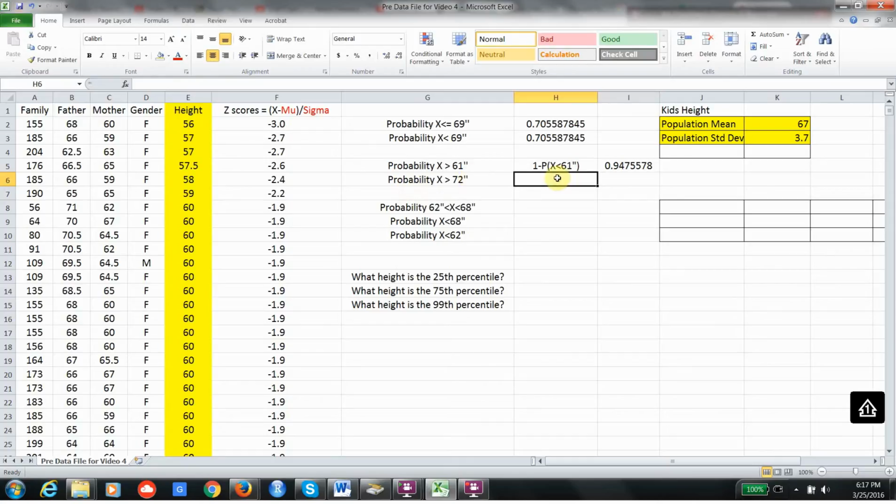And the other problem is basically the same. I'm just going to say, okay, what is this? Well, this is 1 minus the probability that x is less than or equal to 72. And so I know what this is. This is 1 minus norm.dist for 72.